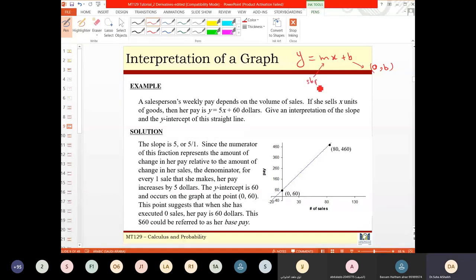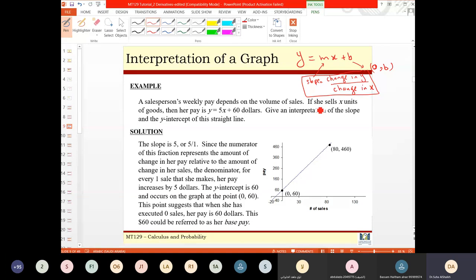The slope is defined to be the change in y divided by the change in x, the rate of change of y with respect to the change of x. This will be our next slide. So those are the two things: we have the slope and the y-intercept. The y-intercept gives me, when x is 0, what will be the y.